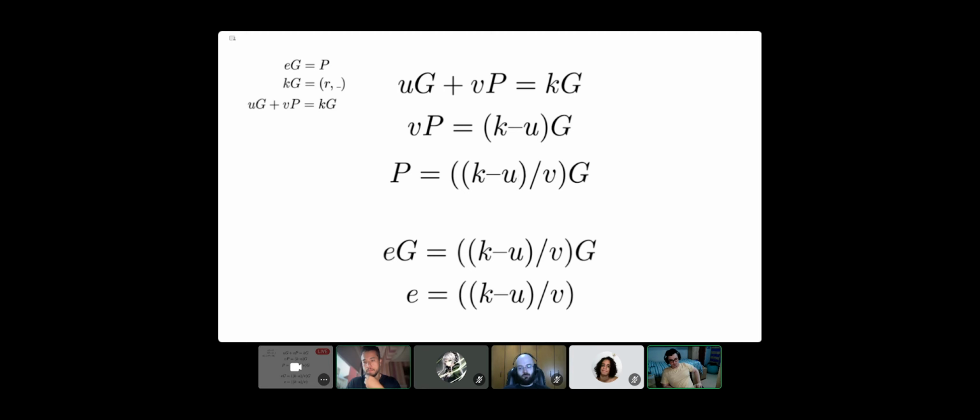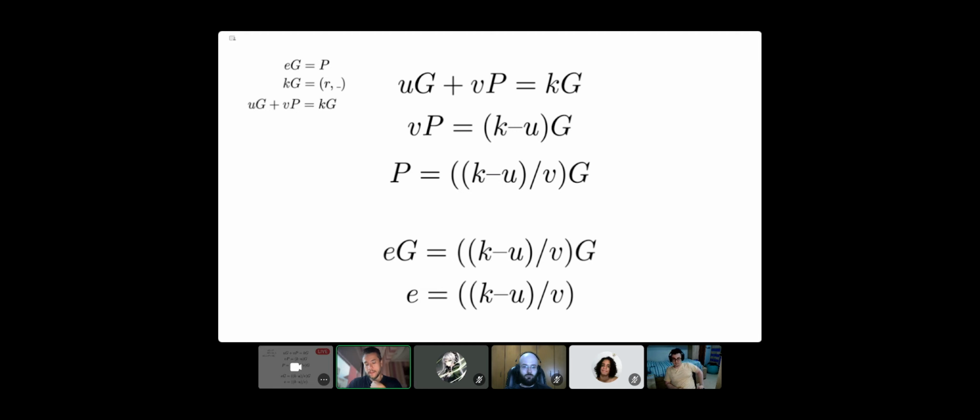I don't know if I got it. Could you repeat that? The validator will not have access to K, right? But they will have access to r.